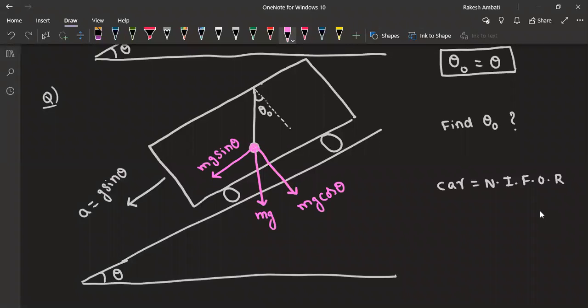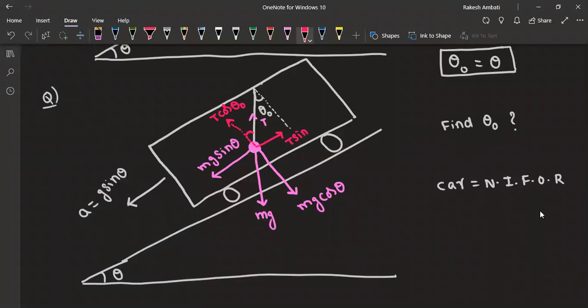With respect to the pendulum, this is the direction of the tension force, and this angle is theta naught. This angle is also theta naught. The components of the tension force are T cos theta naught and T sin theta naught.